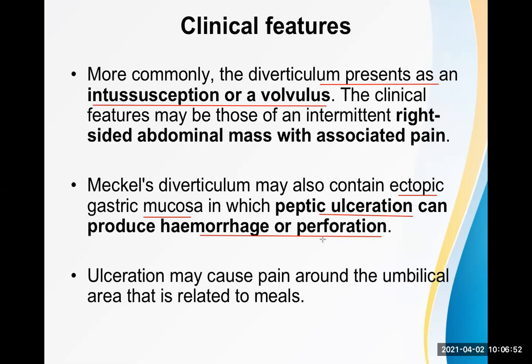Don't totally ignore it if a person comes with acute red colored, fresh blood, and say it cannot be a case of Meckel's diverticulum. You are right, the chances are less, but you cannot rule it out simply because of the color of the blood in the stool. Ulceration may cause pain around the umbilical area that is related to meals. This is all about increased acid secretion again.